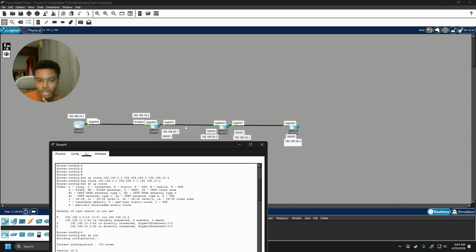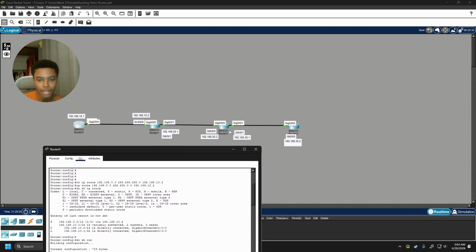But since router 1 isn't directly connected to router 3's network, the .30 network, you'd also need to configure a static route on router 1, so router 1 would know to forward it to router 2. And since router 2 is directly connected to the .30 network, router 2 would know to forward that packet out to the .30 network via its G001 interface.